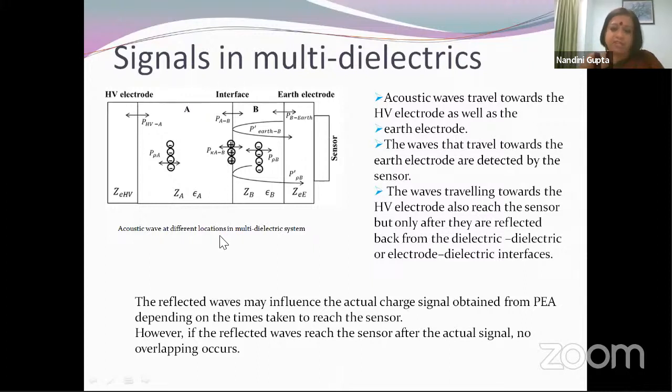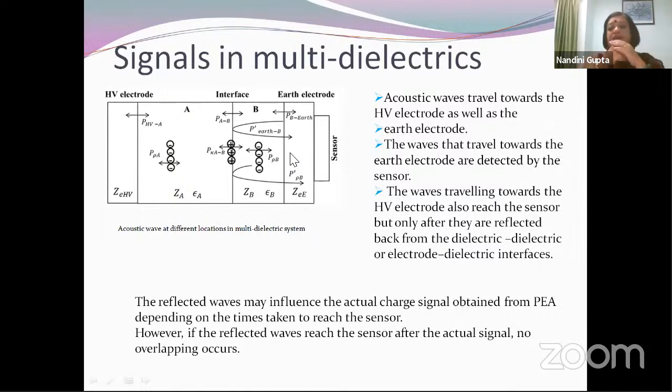But if you have an interface, something more is going to happen. I think Dr. Kasim will explain this in greater detail in the next lecture, but let me briefly talk about this. There will be waves which are transmitted through the interface and arrive at the sensor. But there will also be acoustic waves which will be reflected back from the sensor and will reach the interface and be reflected back at the interface.